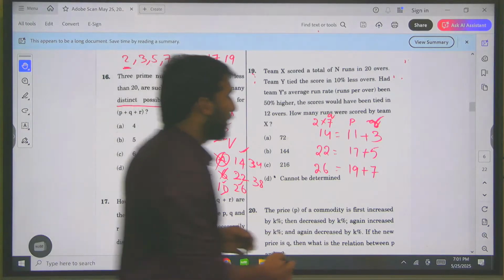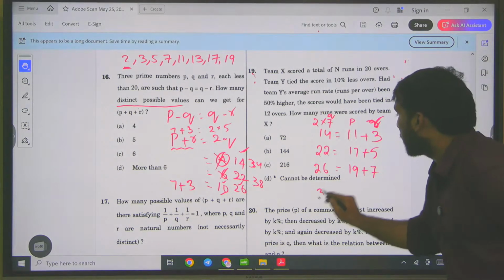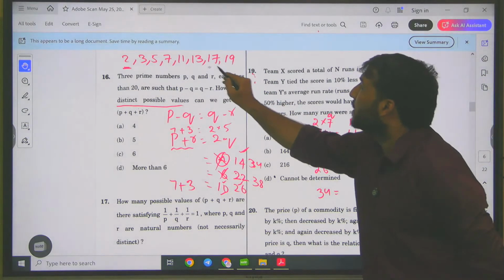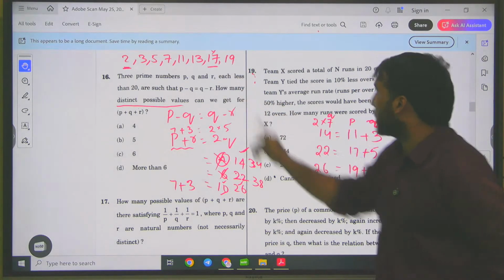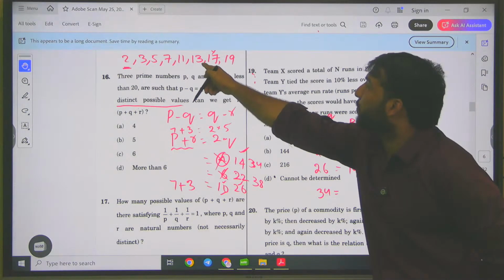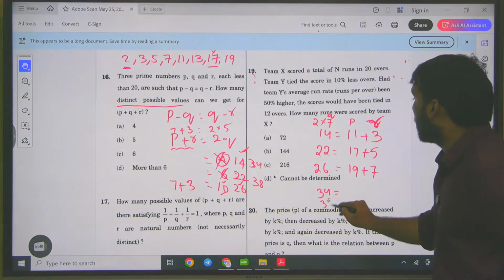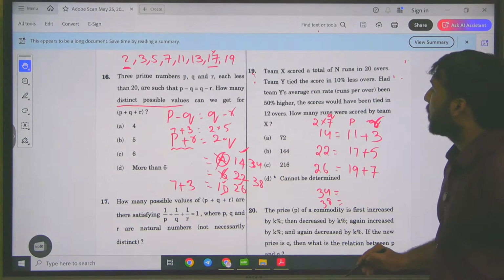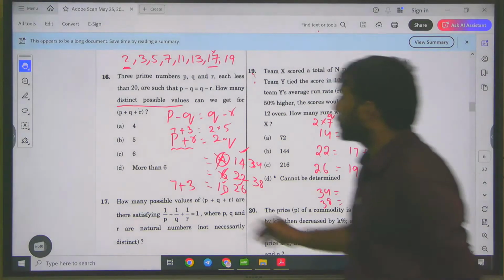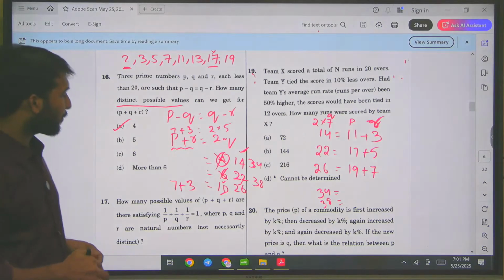Next, for 34, any possibility? Not possible, because 17 plus 13 gives a maximum of 30. So not possible. 38 is not possible. So I'm getting only 4 values among these.